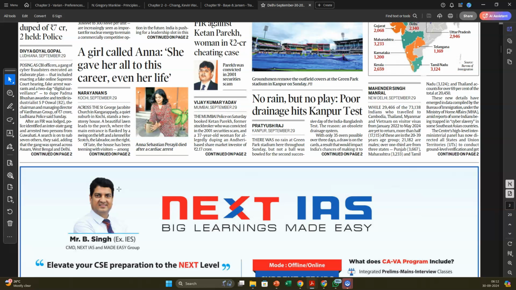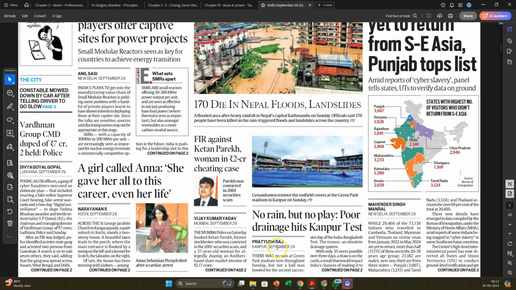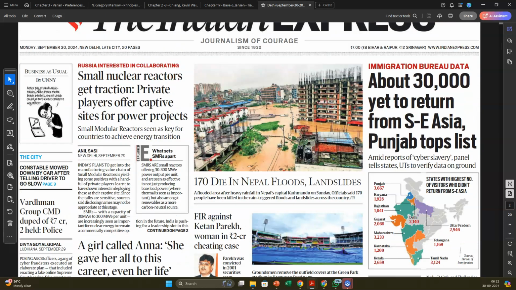Then there is another article, if you want to read it, about the number of people who emigrate out of India and are yet to return from Southeast Asia, the states with the highest number of visitors who did not return.